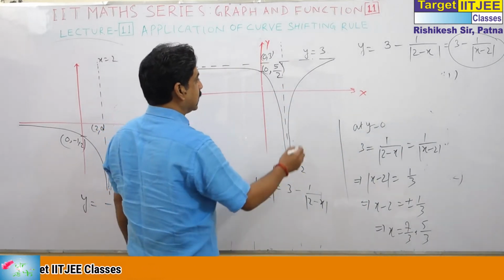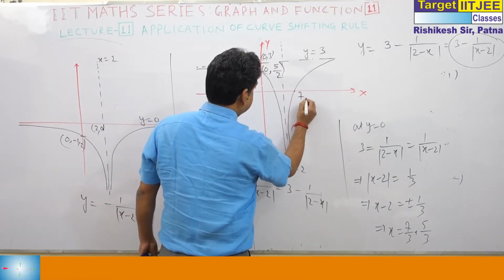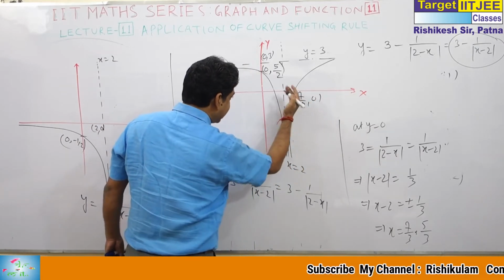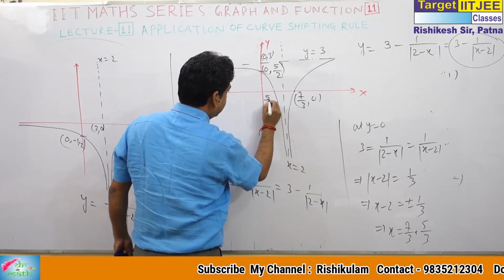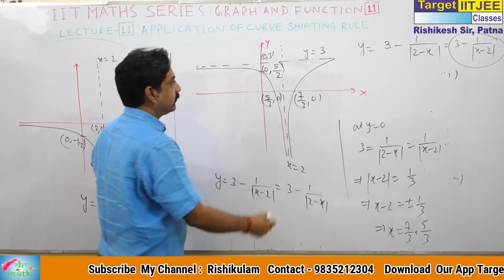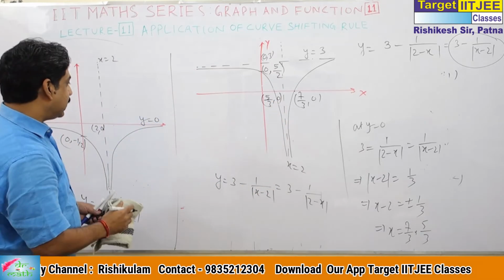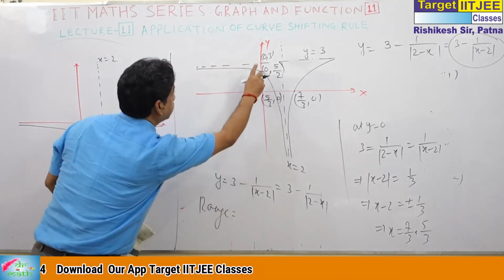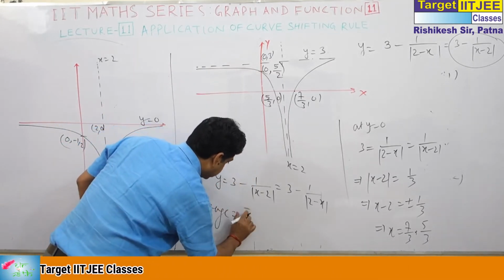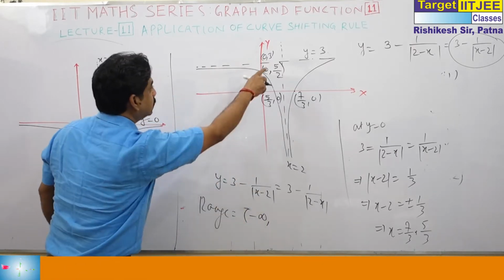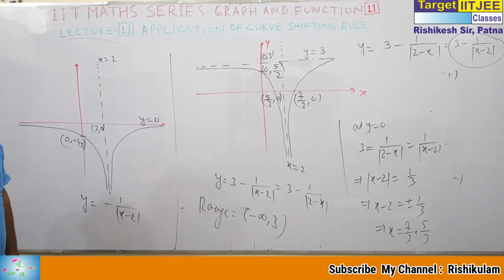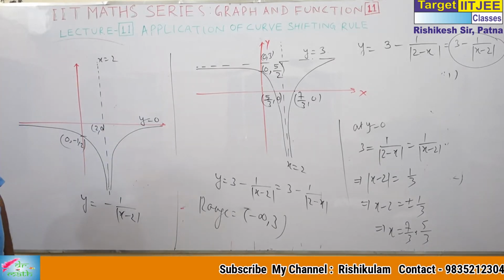So this point, you can say, is 7 by 3, 0, on the right. This is what? 5 by 3, 0. This is your graph. And if I ask what is its range, clearly it goes up to 3. Range you can say minus infinity to 3. This is the graph.